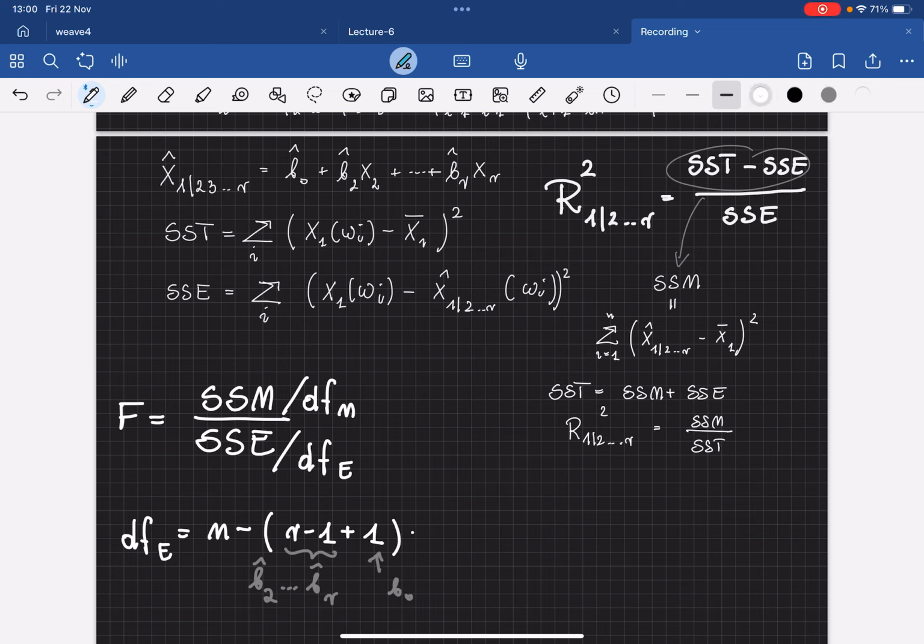So at the end we have n minus r, while the number of degrees of freedom of the model is the number of independent variables, which is r minus 1. And then we do the usual: we choose the significance level, and we check whether the value we obtain is statistically significant. So these are the calculations.